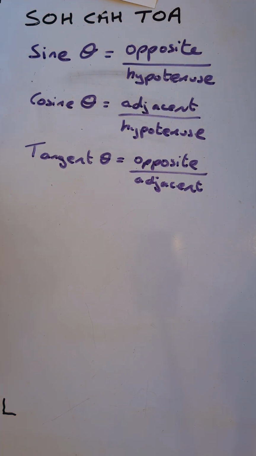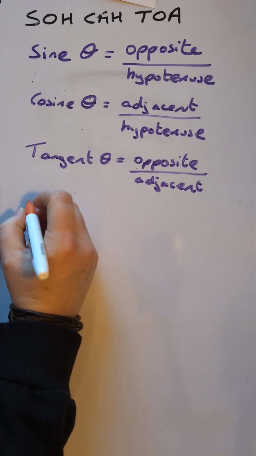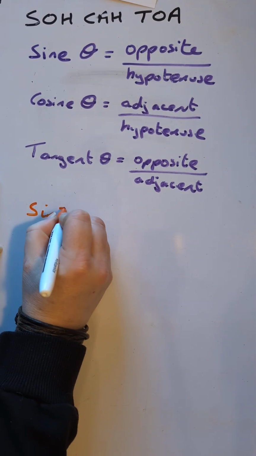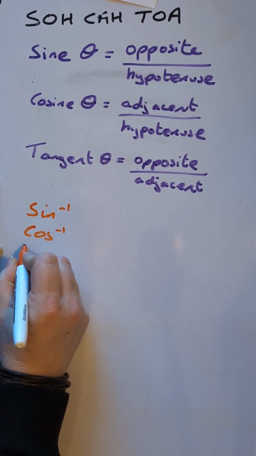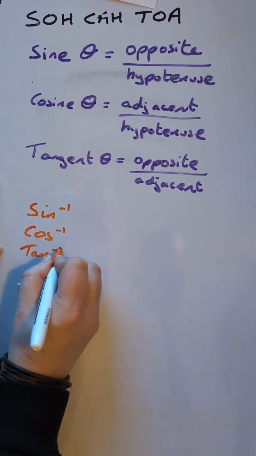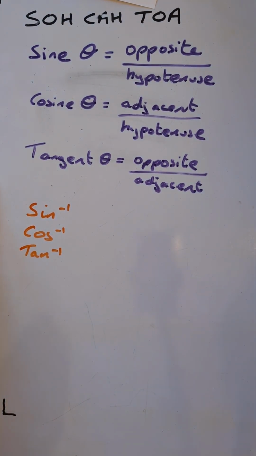The sign for inverse sine on your calculator is most likely these, and they are almost always the second function of the sine, cosine, and tangent keys. On your calculator, you may need to hit a second function button.